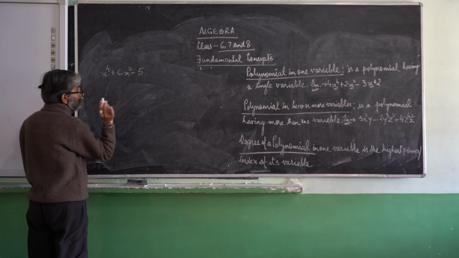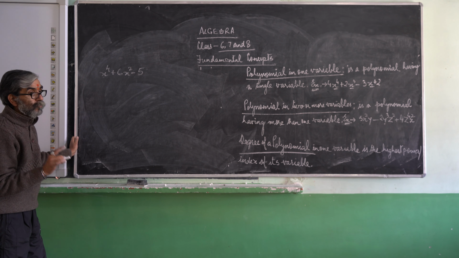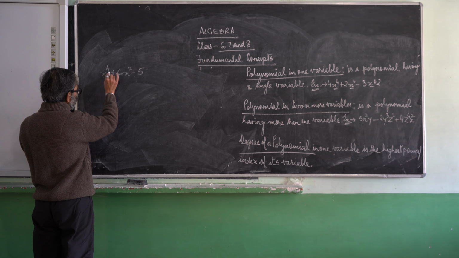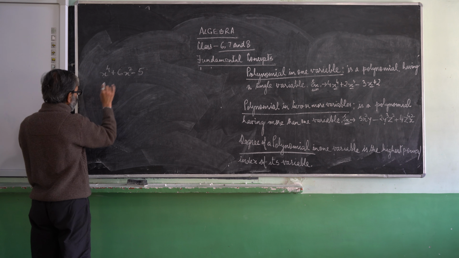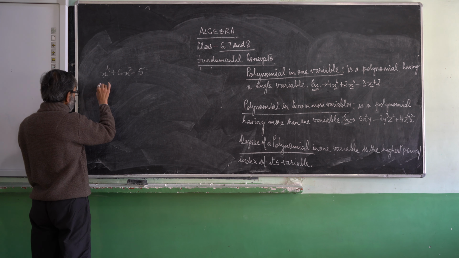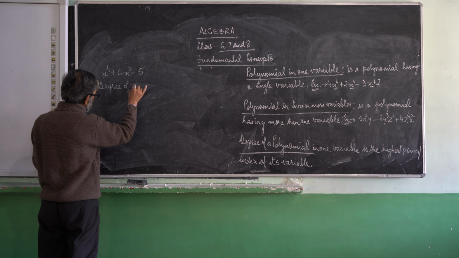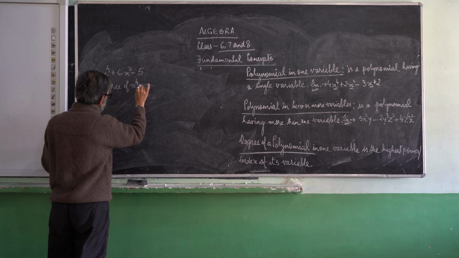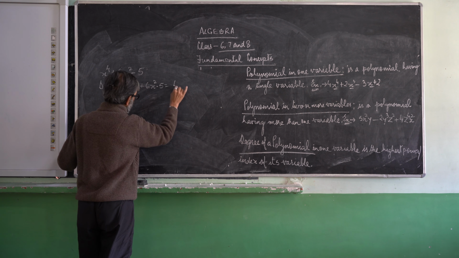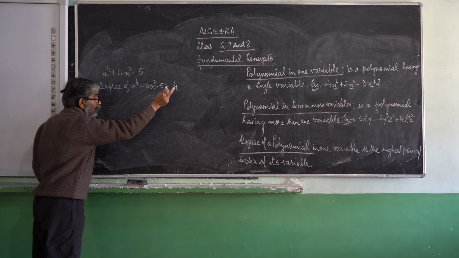Variable uses x only. And I said the degree of a polynomial in one variable is the highest power. If you compare the powers, this is 4, this is 2, the highest power is 4. So you can write, since highest power of the variable is 4, therefore the degree of x to the power of 4 plus 6x square minus 5 is equal to 4. The highest power is 4, therefore the degree will be also 4.